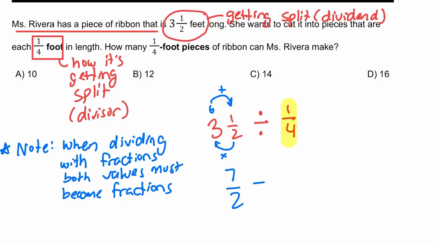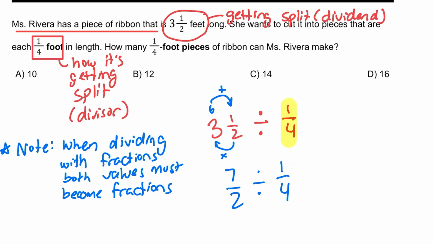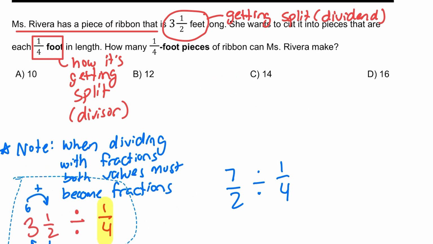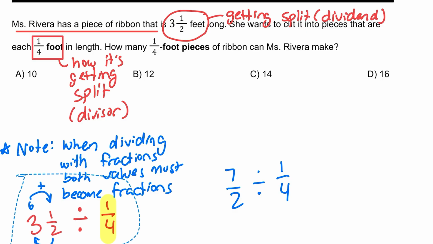Then we'll bring down our division symbol and bring down our 1/4. And since this is a fraction and this is a fraction, now we can use KCF. I'm also going to move this stuff out of the way so we have more room for our work.